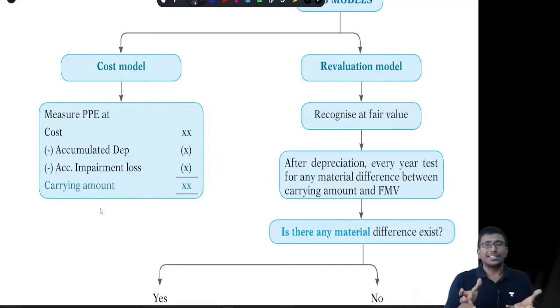If there is no significant difference, then we say it's okay, ignore it for the current year and relook at it at the end of the next year. Point to be remembered: first depreciation, next revaluation, after revaluation test for impairment loss. Sequence: depreciation, revaluation, impairment loss.